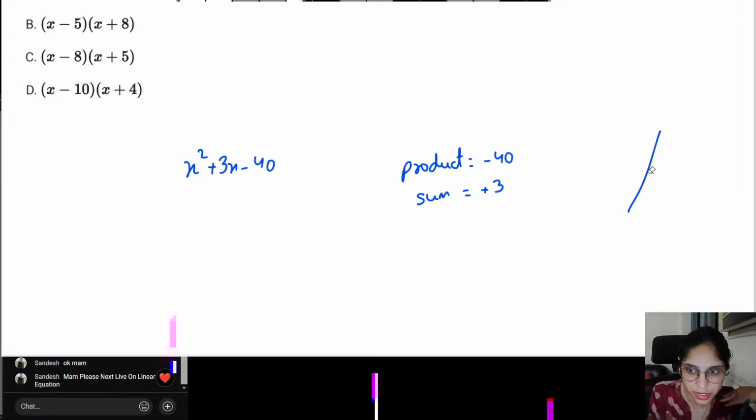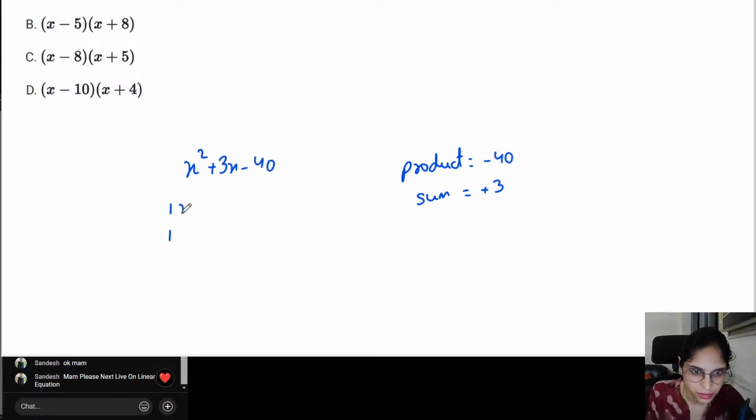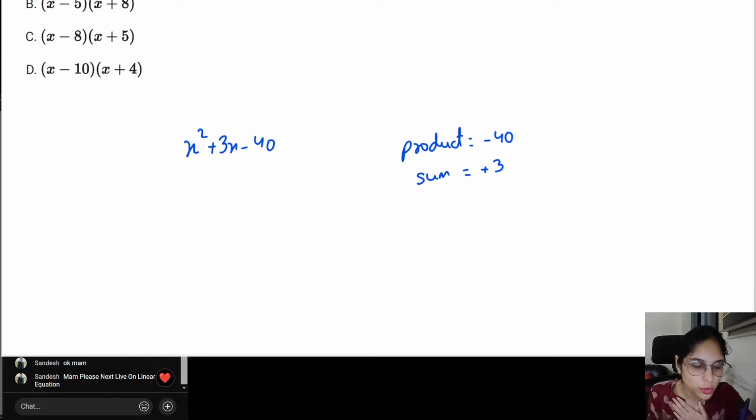I use a t method because that's far more comfortable for me. Then you just write x minus 8, x plus 5, because 40 is 8 times 5, but it can also be 10 times 4. I will just tell you my method because there are so many methods around the world, and I am not comfortable with those, so I don't use them.